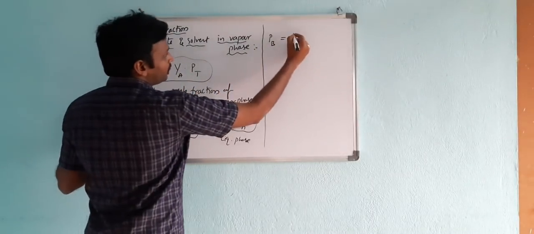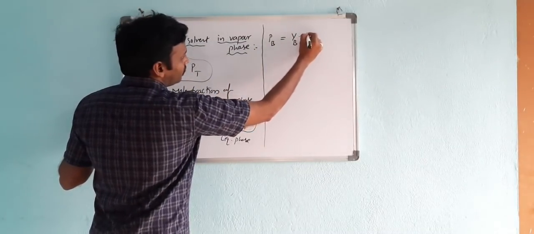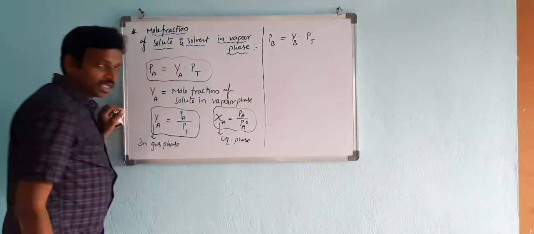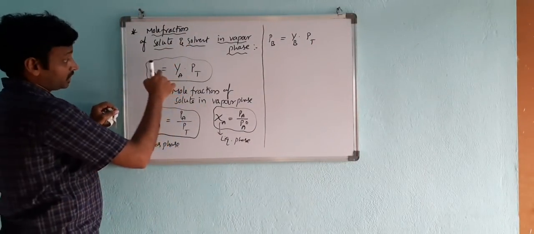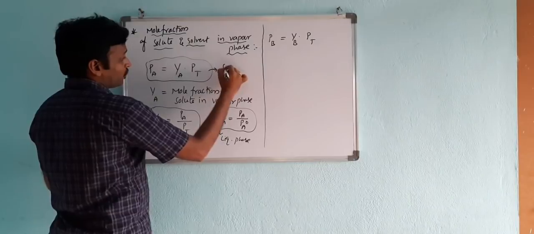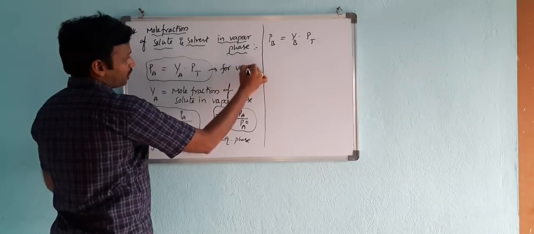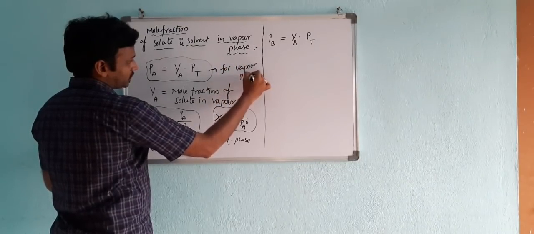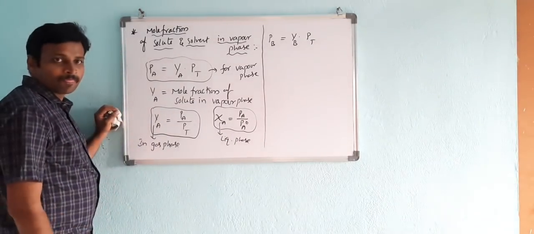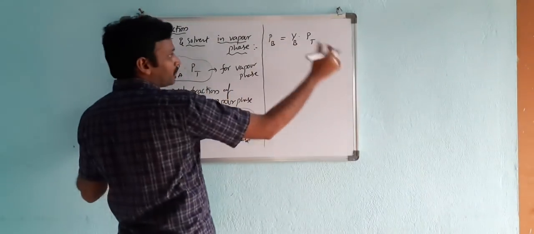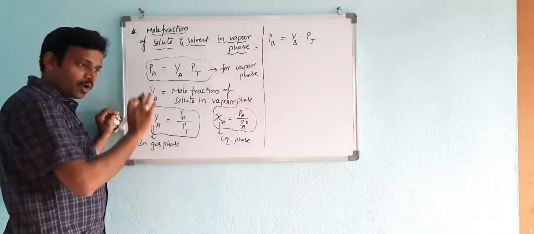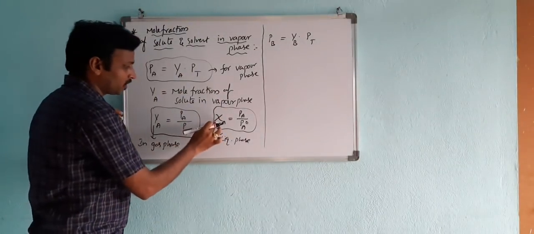In the same manner, PB is equal to YB into P total. This is the relation for vapor phase, so only vapors if you are considering, all vapors. In this, sir, what is here also, vapors you have?